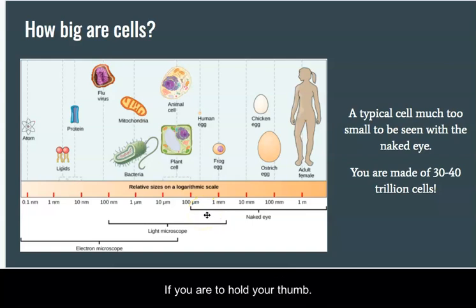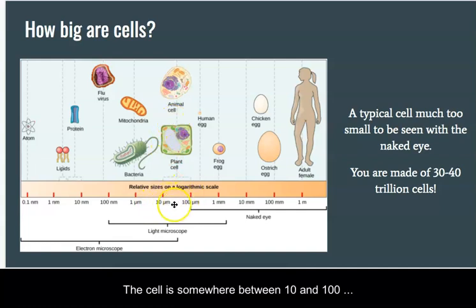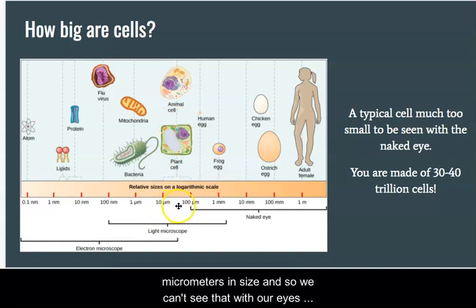If you hold your thumb and your pointer finger as close as you can to each other without touching, that's about a millimeter, 1 mm. And so you can think of getting orders of magnitude smaller than that. A cell is somewhere between 10 and 100 micrometers in size. And so we can't see that with our eyes, therefore we have to employ the use of other things.